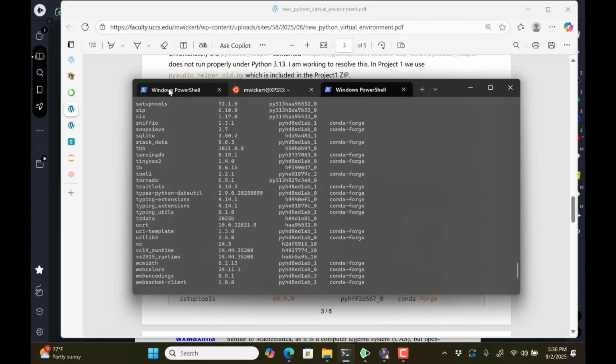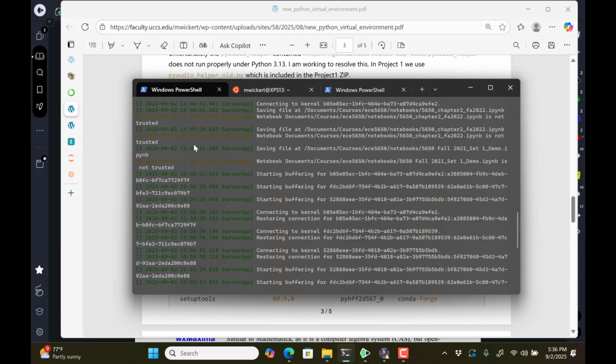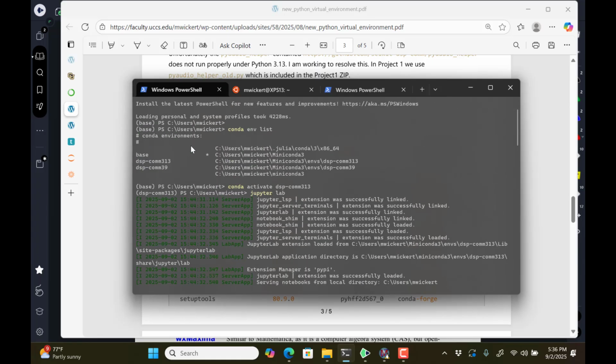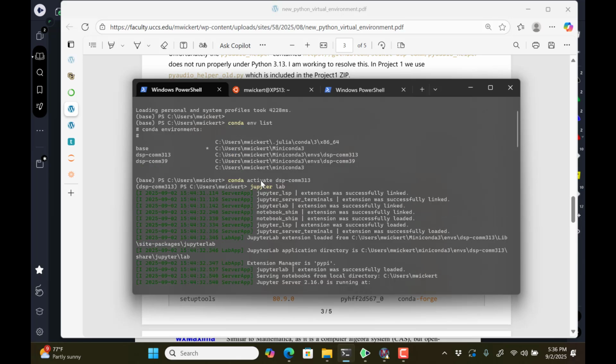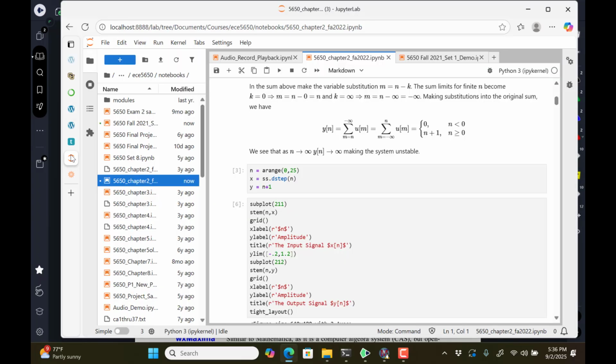At this point, we could launch Jupyter Lab, and that's what I did over here just before class. I got switched into my environment, just like I took you through. And then once I got in the environment, I just typed jupyter lab, and then that brought up Jupyter Lab over here.